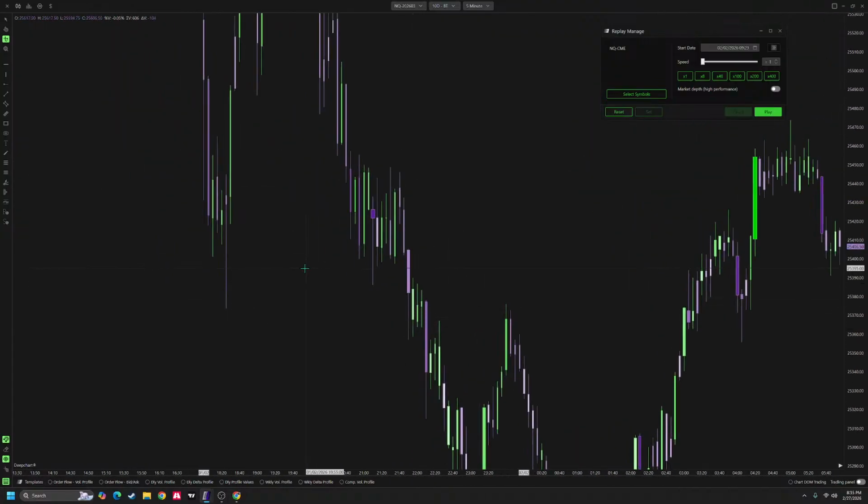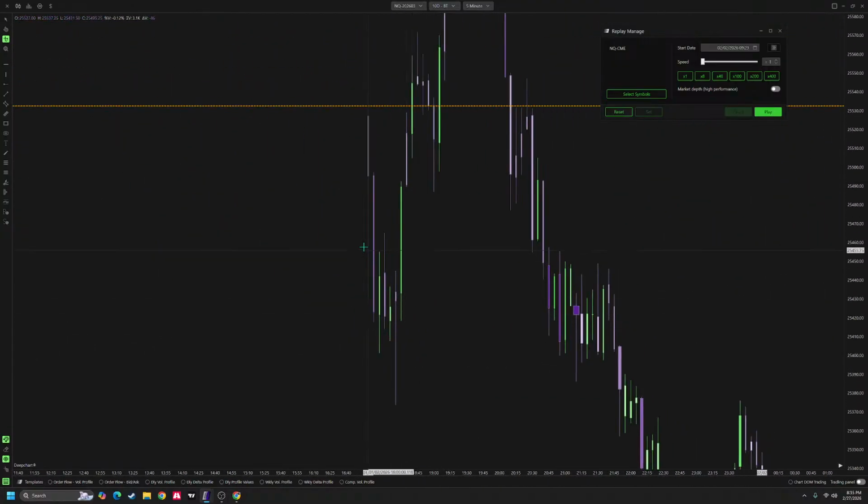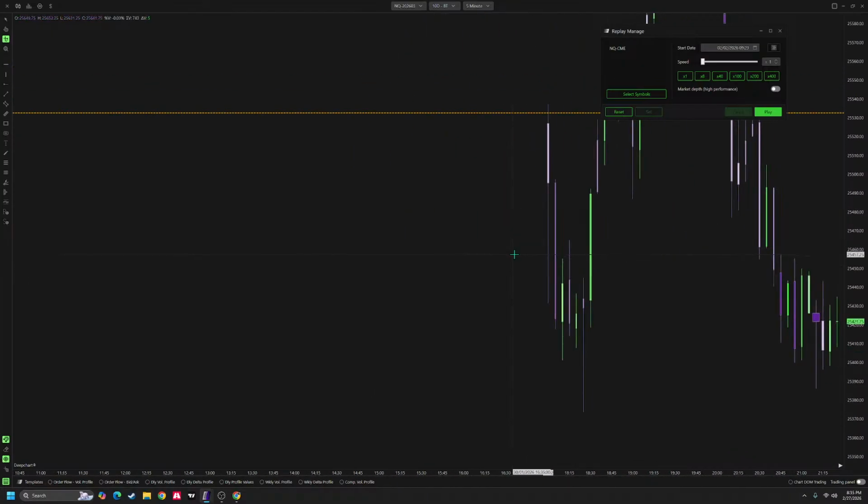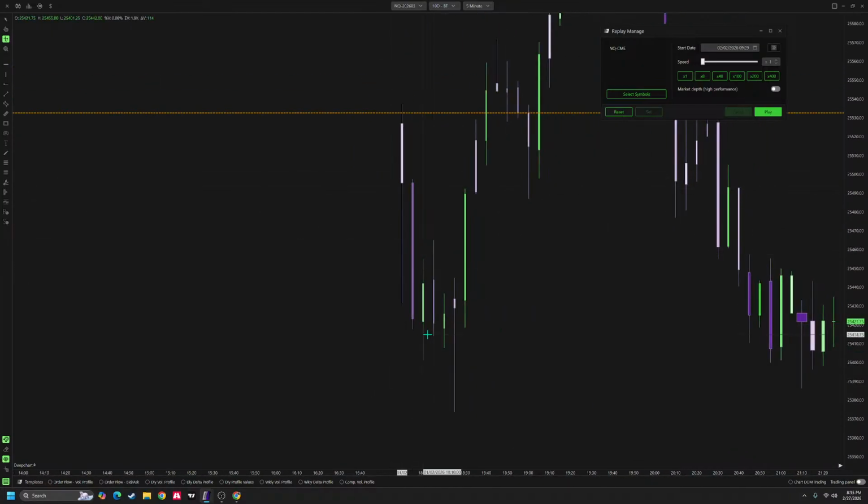Here's an example of one right here, this candle just whipped through with very low volume, compared to this first one that had more volume. It wicked down slowly, came back up, and then replaced.